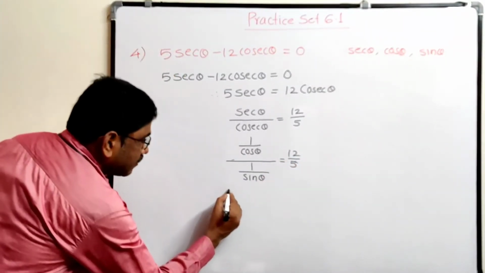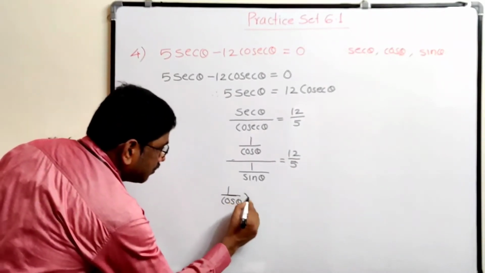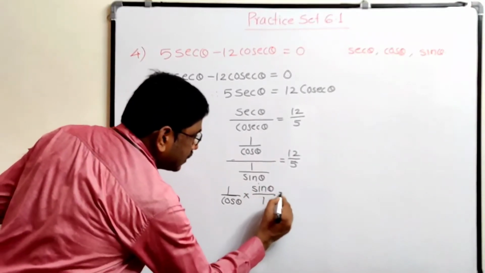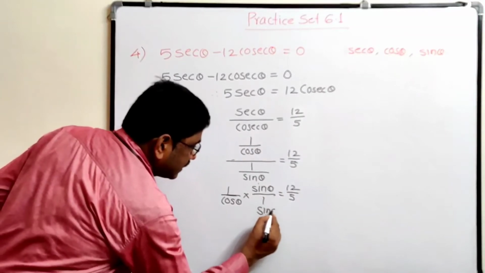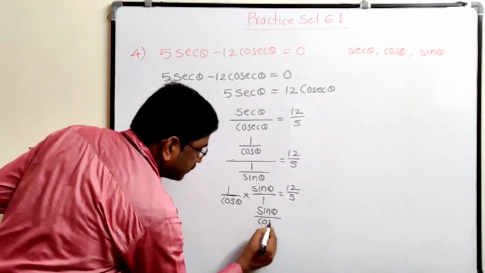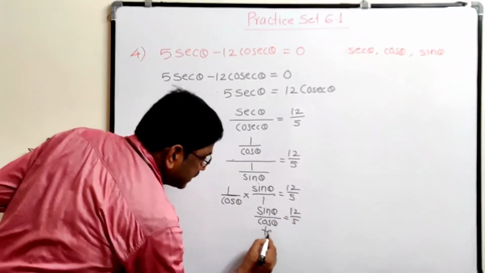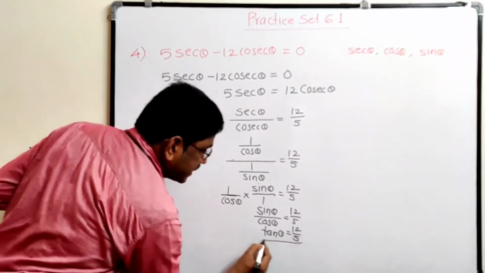Now we get 1 upon cos theta multiplied by the reciprocal, sin theta upon 1, is equal to 12 by 5. So this is nothing but sin theta upon cos theta is equal to 12 by 5. This is tan theta is equal to 12 by 5. So we get this ratio.